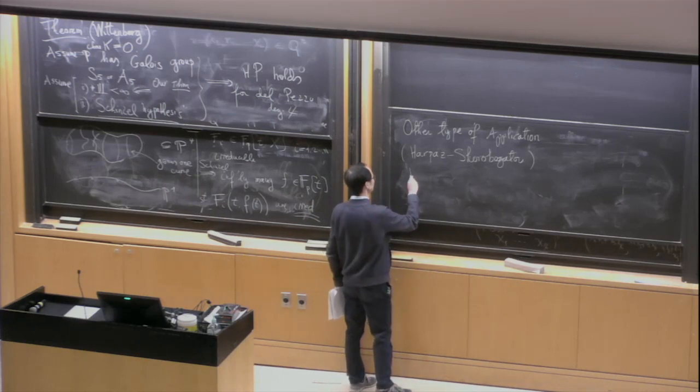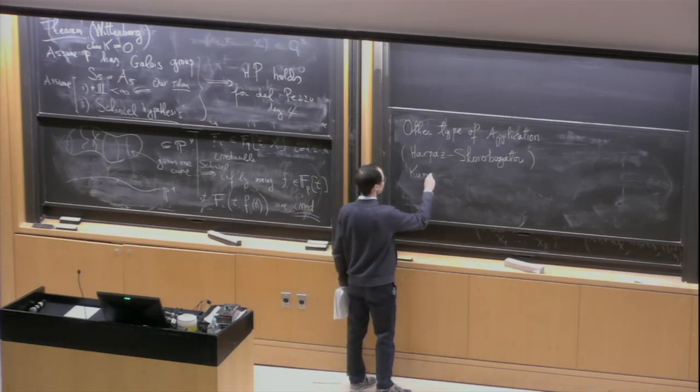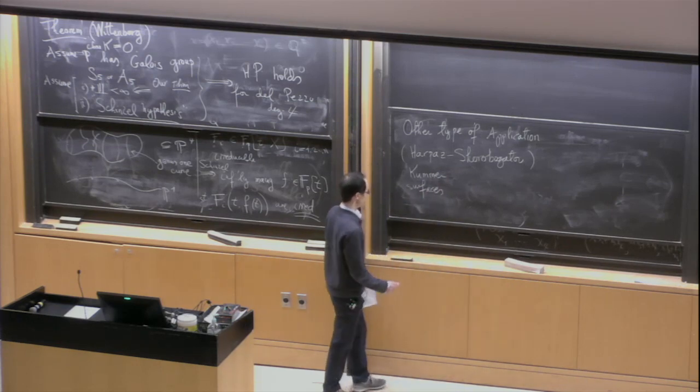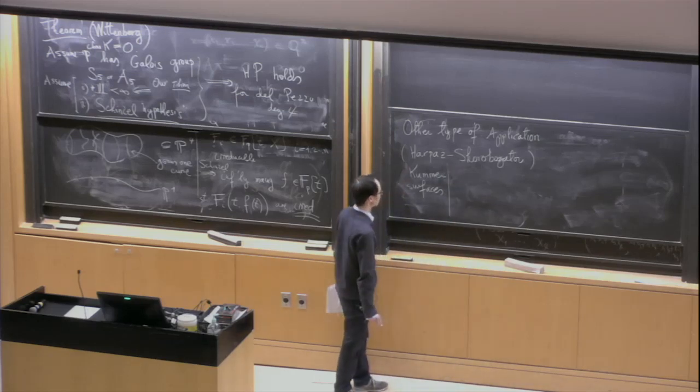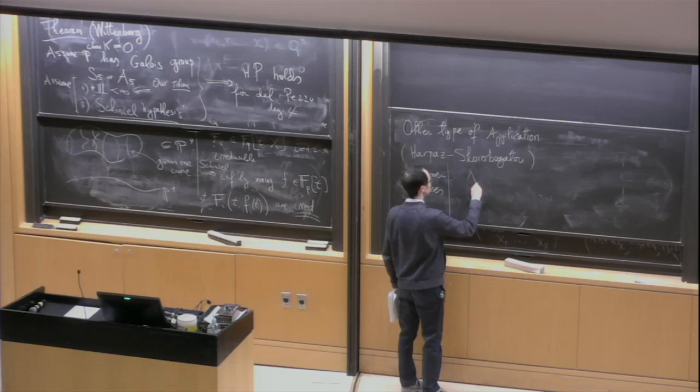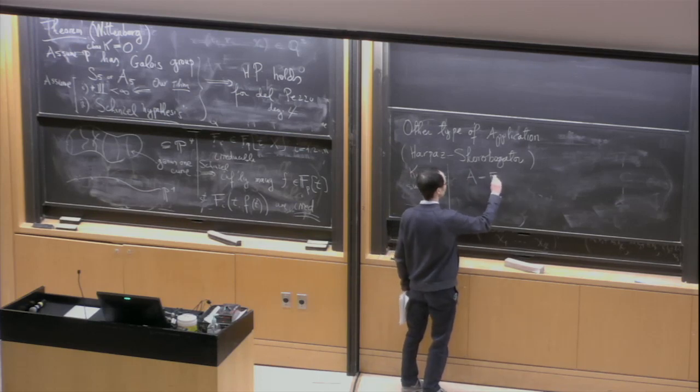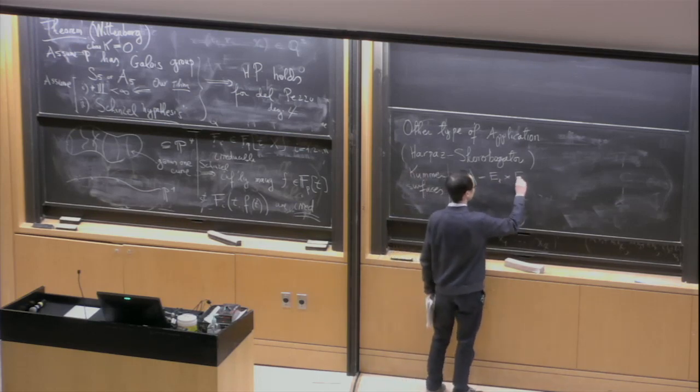One is the Kummer surface attached to an abelian surface, so two cases. One is for the abelian surface being a product of two elliptic curves.